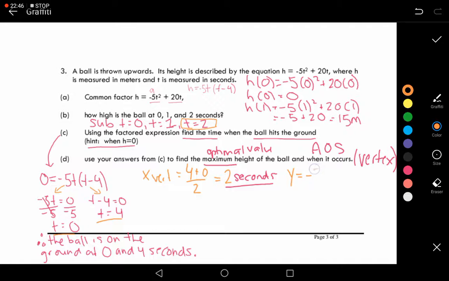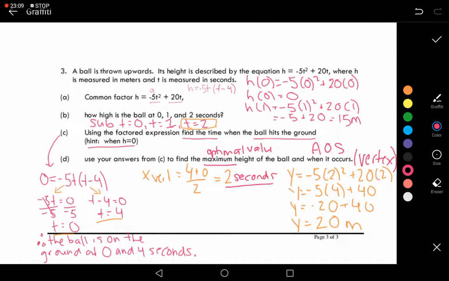So I have negative 5 times 2 squared plus 20 times 2. Okay, and I'm simply just going to solve using BEDMAS. So I have negative 5 times 4 plus 40. So negative 20 plus 40, y is 20. So that means that my maximum height is 20 meters and it occurs after 2 seconds.